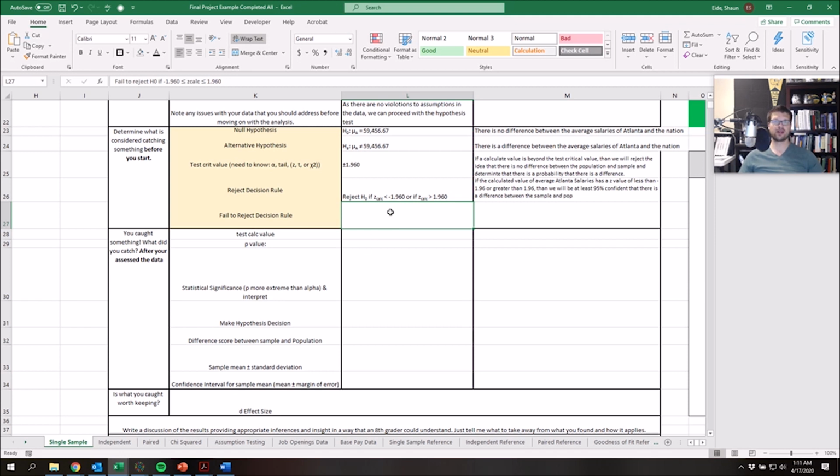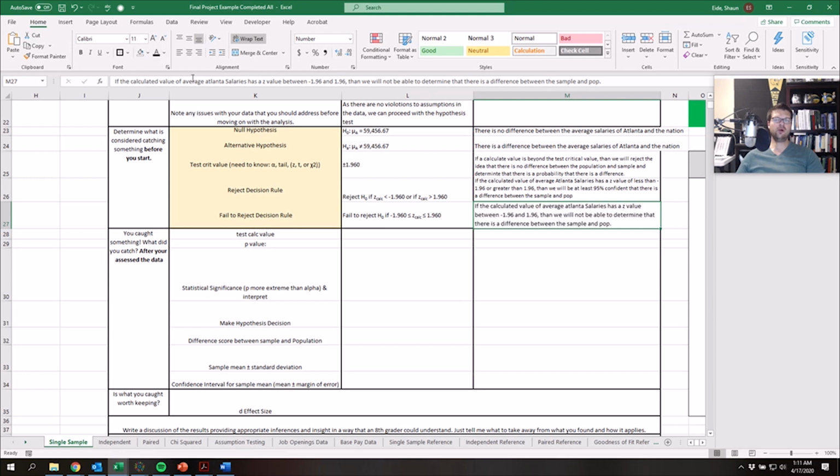So therefore, the confidence that we have is 95%. Okay. And then the fail to reject decision rule: we fail to reject the null hypothesis, basically the opposite of this, if zcalc is between negative 1.96 and 1.96 inclusive. So greater than or equal to and less than or equal to.